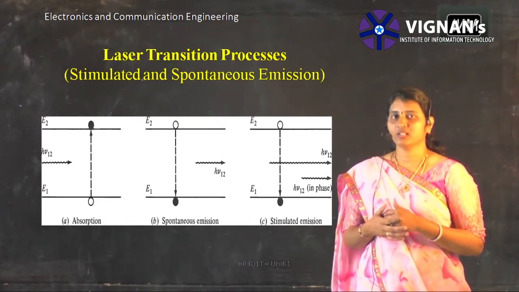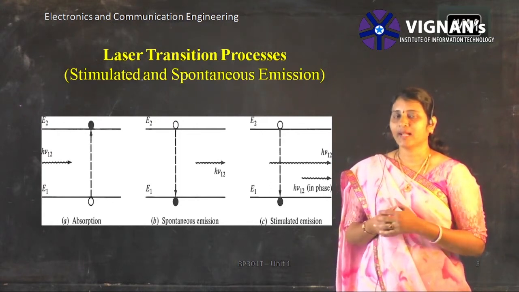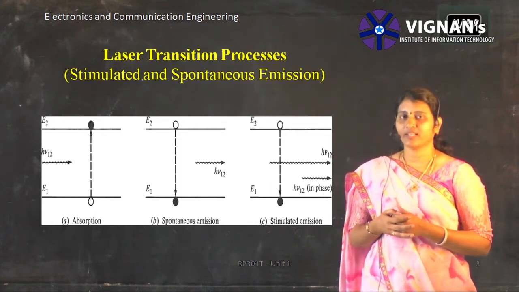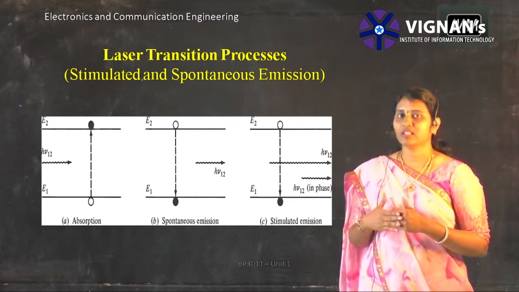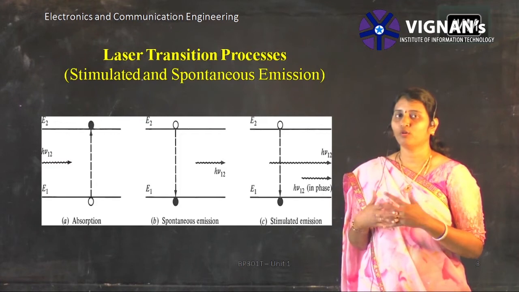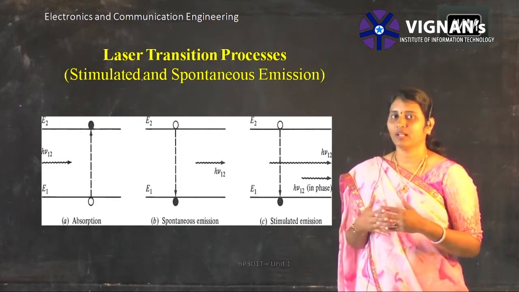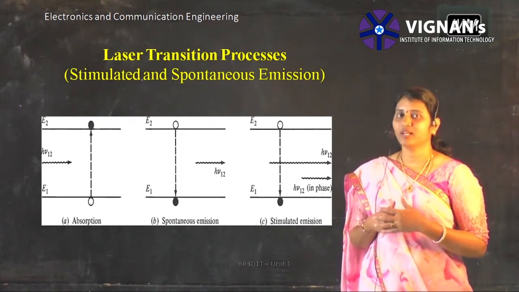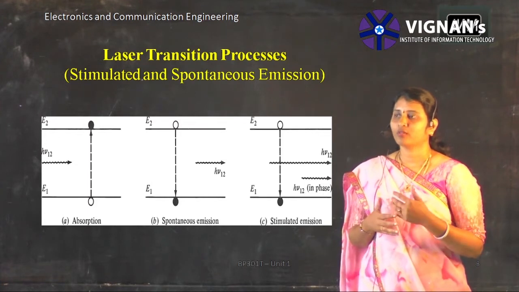The second thing is that the internal atoms gain some spontaneous energy, get excited, and recombine with the holes in the valence band. This causes the emission of one photon, right?